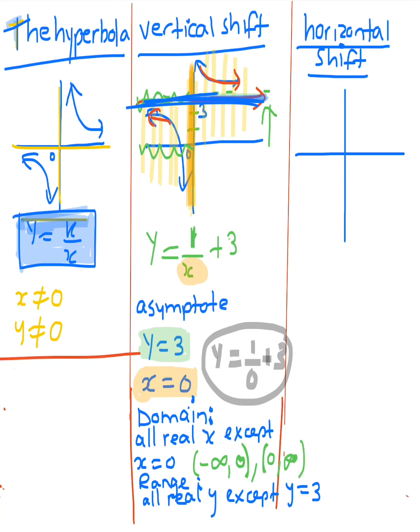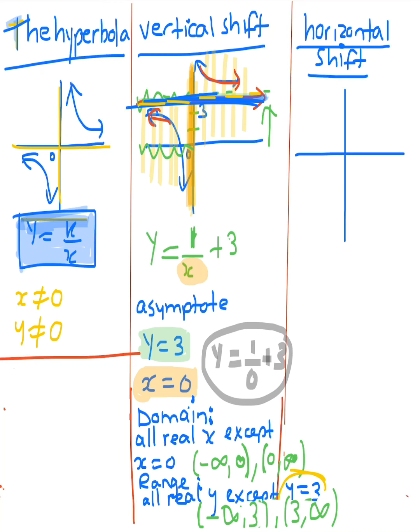So the range here is all real y, except the y value cannot equal 3. If you put that into interval notation, that would be minus infinity to 3, and then 3 to infinity.